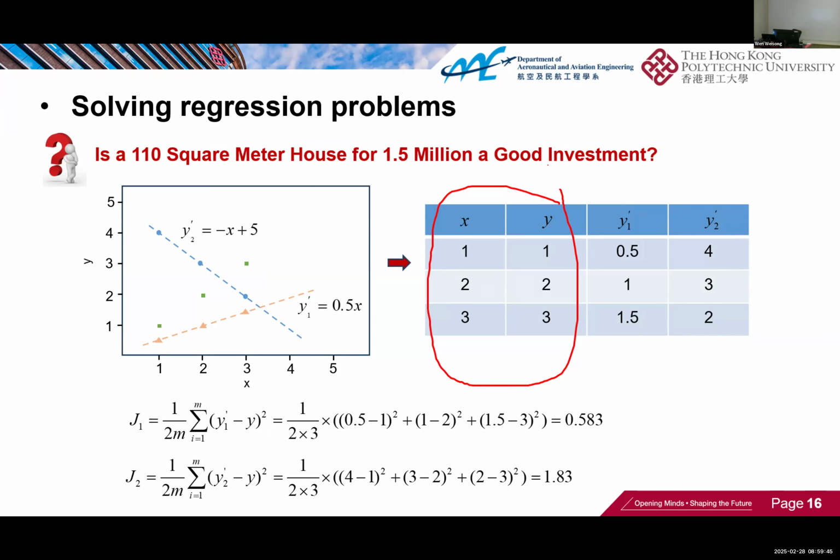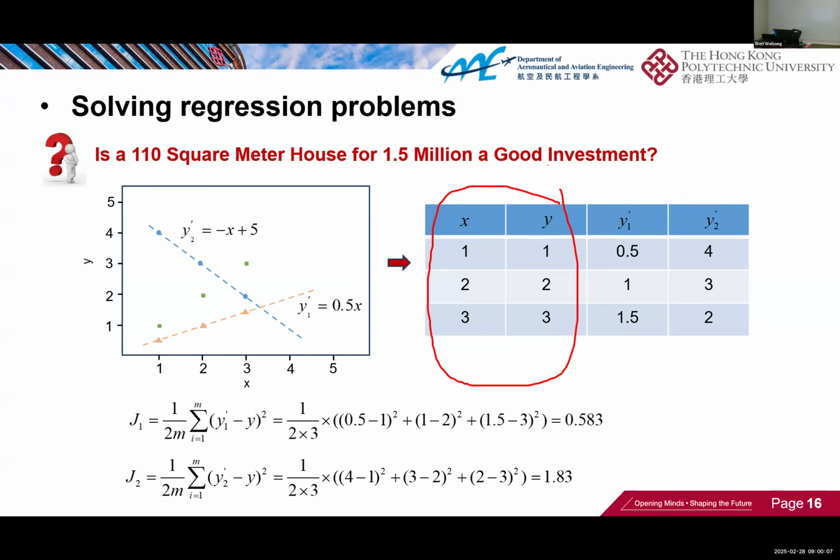So for example, if we use this function or this function to fit the points, we are going to calculate the distance from the point to the line. That's going to be the summation over all the points, because M is 3, since you get 3 points.